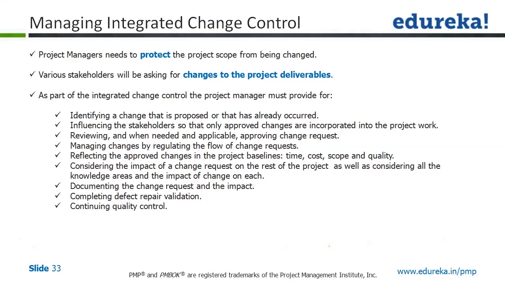As a part of the integrated change control, a project manager must provide for identifying a change which is proposed or which has already occurred, and influencing the stakeholders so that the approved changes are incorporated into the project work. Remember, if the stakeholders are not satisfied, you will not get their satisfaction and the right mindset from those people in the project.